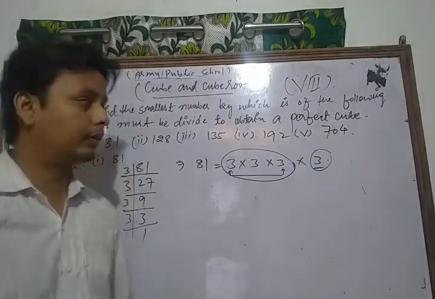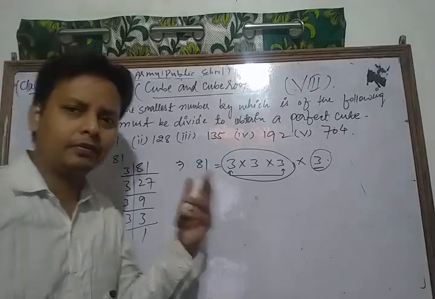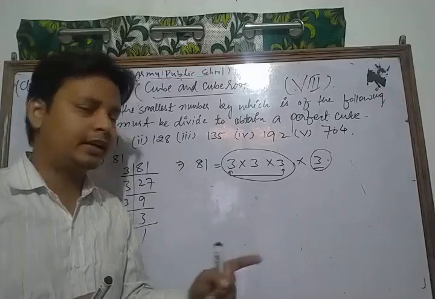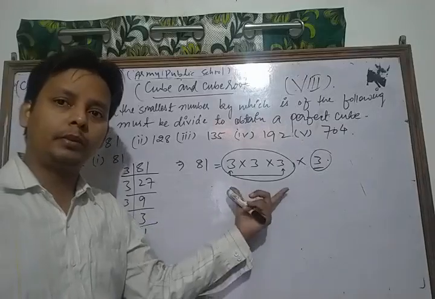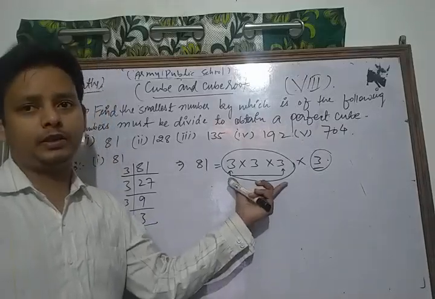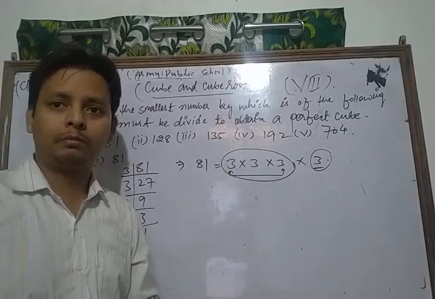So for a perfect cube we must divide by 3. After that, the left number is the grouping of factors in triplets, so that number is in the form of a perfect cube.